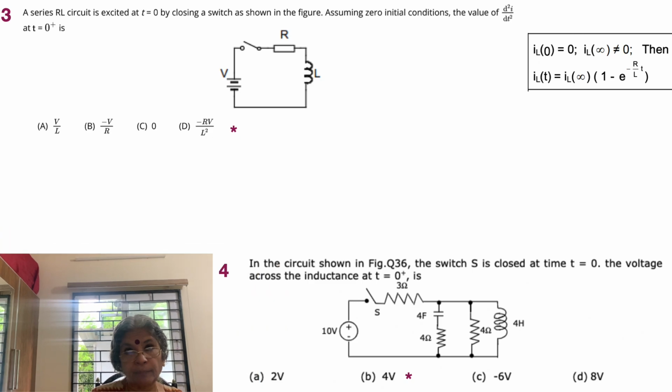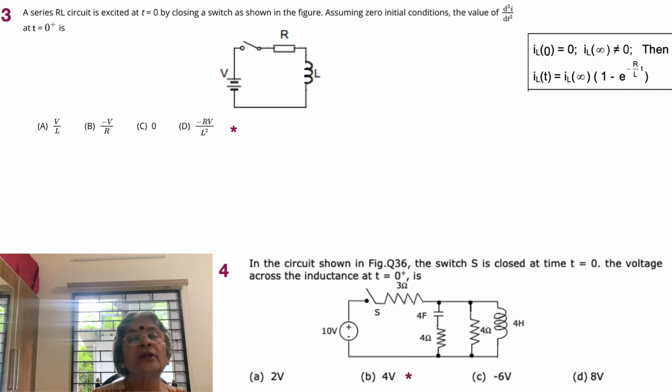And so now we have the inductor which is at t equal to 0 plus, that is immediately after the switch is on, an open circuit. So it is trying to collect the voltage across it. So what's the voltage across it? The capacitor, as against the inductor, is a short at the beginning because it is charging. So now we are having 2 4 ohms in parallel by virtue of the capacitor being a short, at the very beginning, that is at t equal to 0 plus.